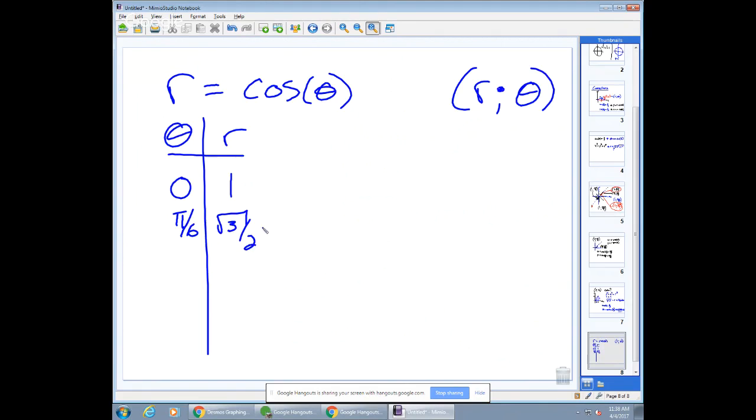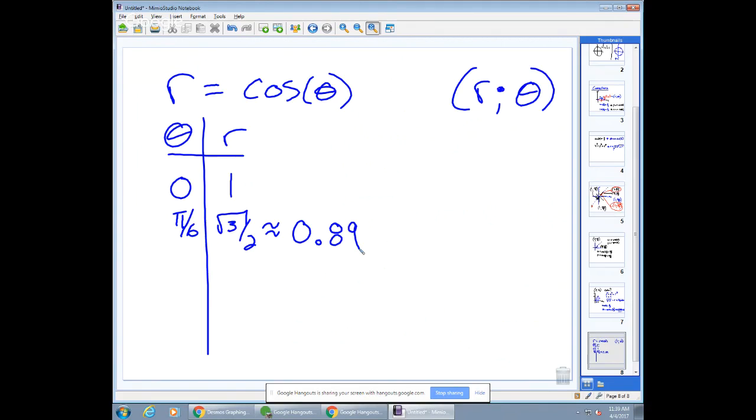Square root of 3 over 2 is approximately 0.8-ish. Square root of 3 is going to be 1 point something. I think it's 0.8-ish. 0.866. Oh, right numbers, wrong order. Okay. So let's go 0.87 then, 2 decimal places.